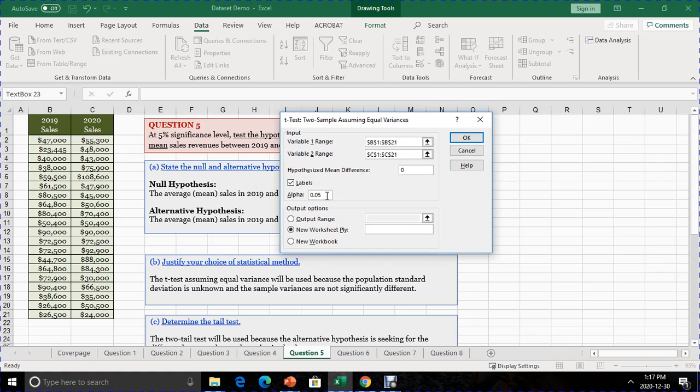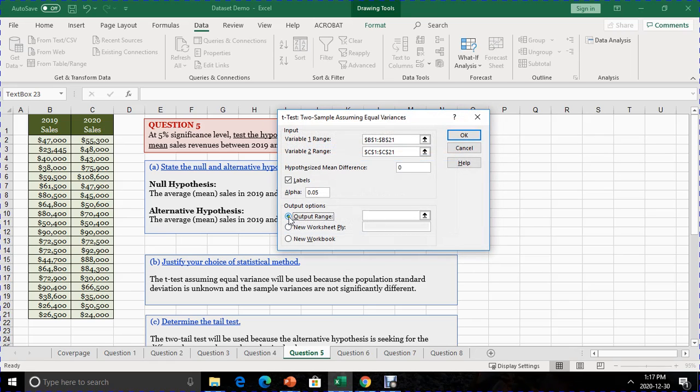So 0.05 represents 5%. And then we select the output range, click on the box. As the cursor blinks in that box, we select anywhere where there's a blank spot to ask Excel to display the data in that spot.